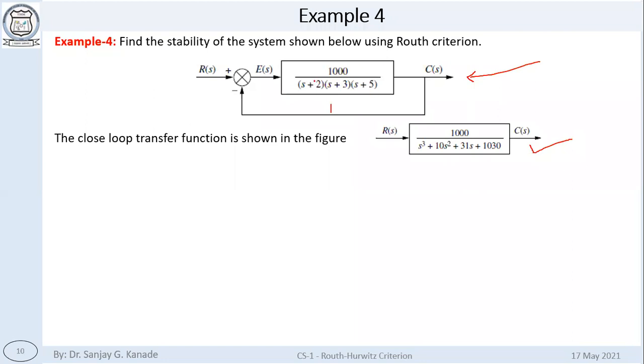Do not just apply it on the open loop transfer function. Remember this step. When the Routh-Hurwitz criterion is applied, we have to apply it on the characteristic equation, meaning the denominator polynomial of the closed loop transfer function.